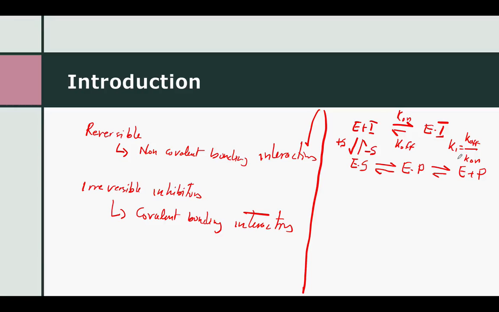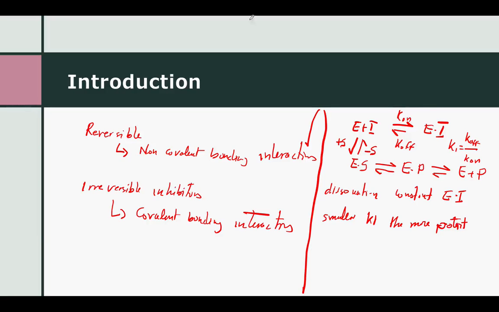So it's a dissociation constant of the enzyme inhibitor complex. The smaller the Ki, the more potent the inhibitor.